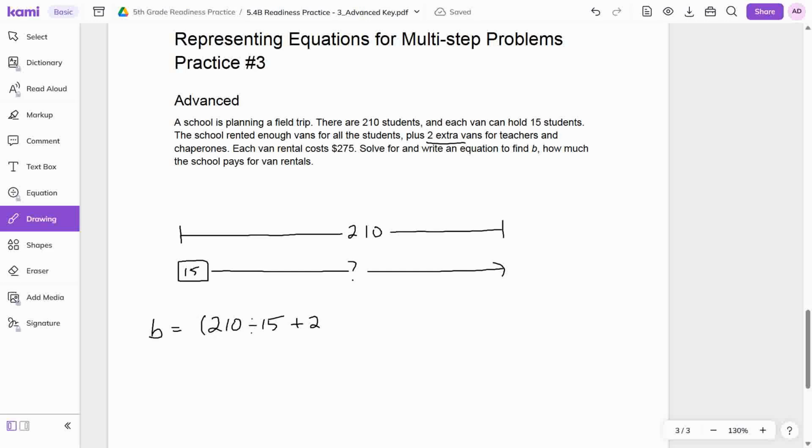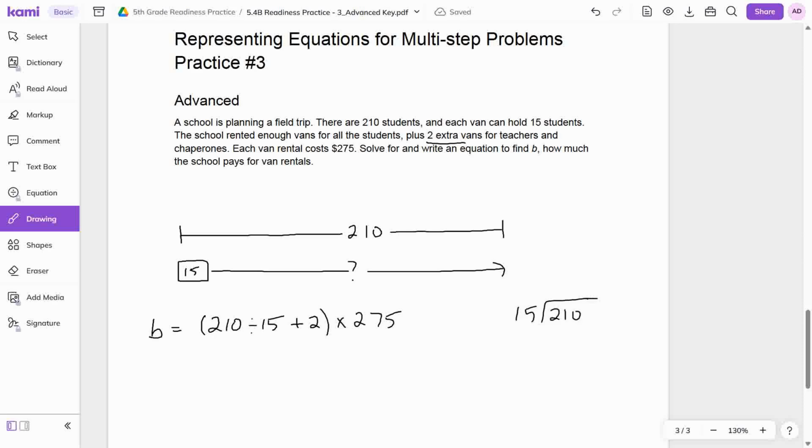And then ultimately, when I do all that, each of those vans is going to cost me 275 bucks. So that's going to be my equation B for how much the school is going to pay for the van rentals. Let's figure out how many times 15 goes into 210.